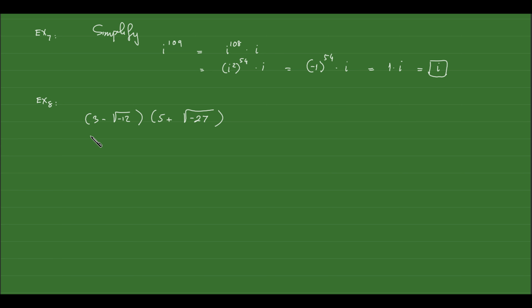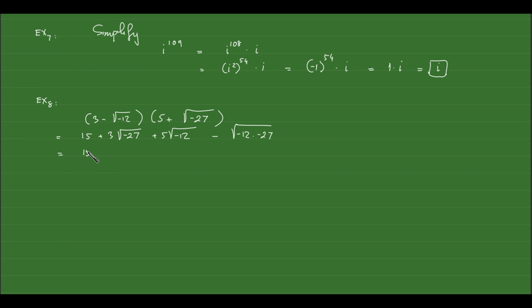That's okay. We just go ahead and multiply using the distributive property, which gives you 15 plus 3 square root of -12 minus 5 square root of -27, minus times minus gives you plus, right? I'm going to rewrite it, -27 is a pretty big number.